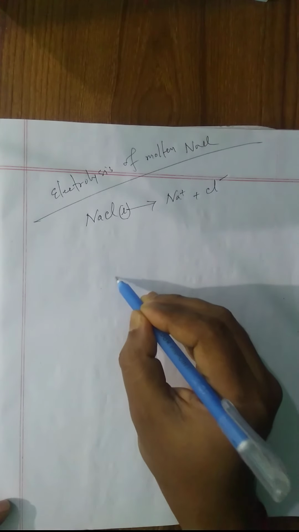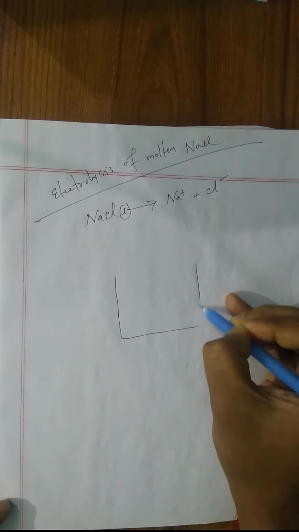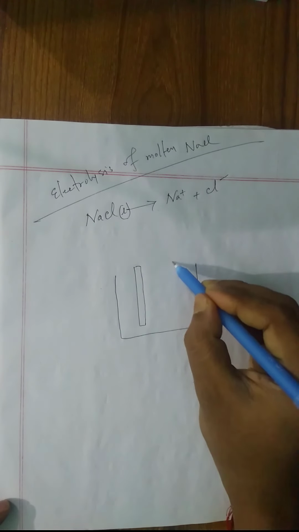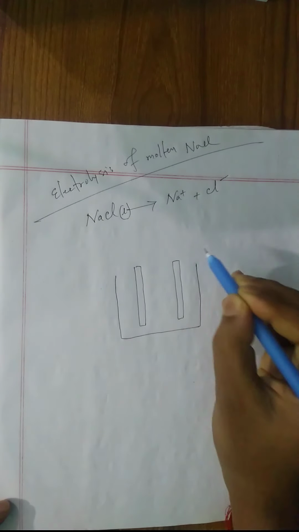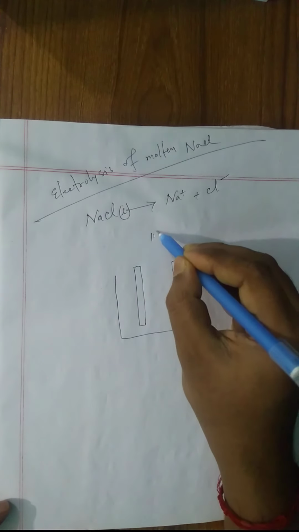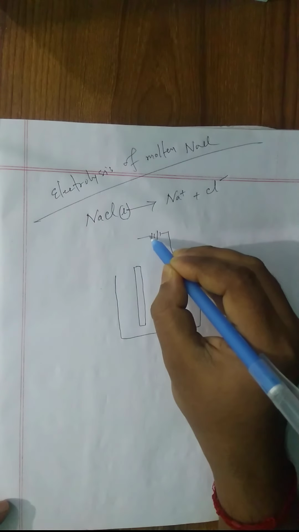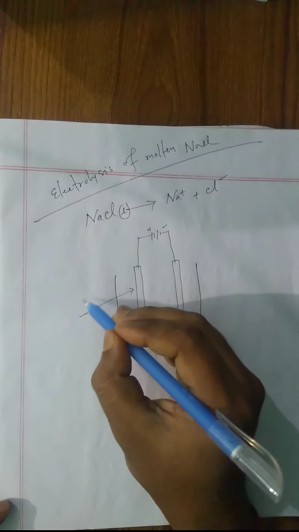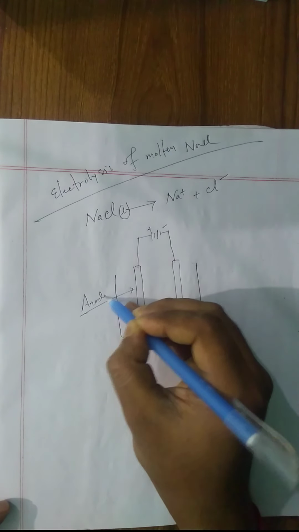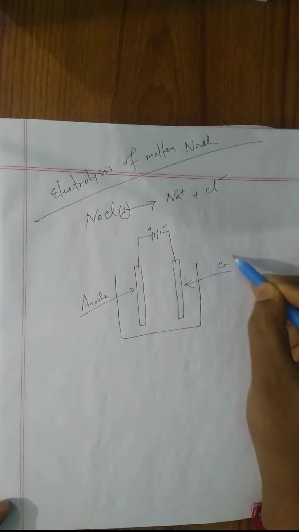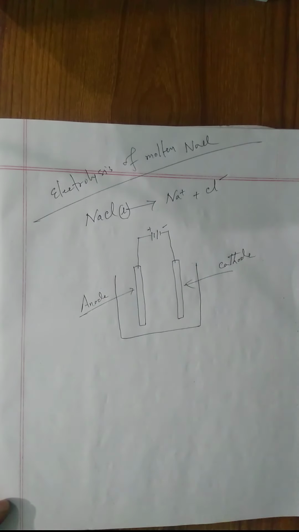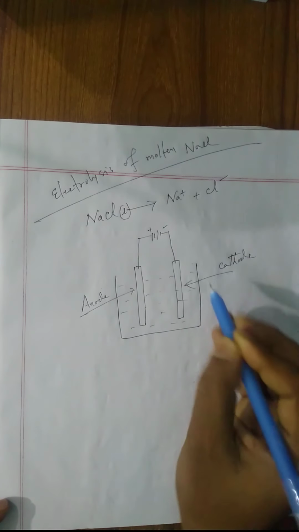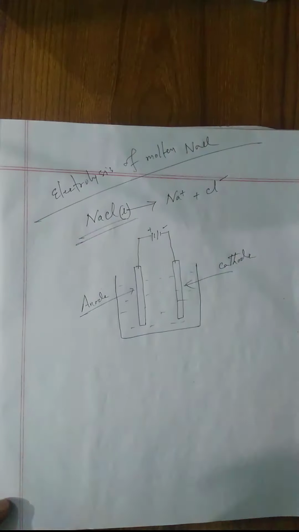If we draw an electrochemical cell, this is anode, this is cathode, positive, negative, and the electrolyte is molten sodium chloride.